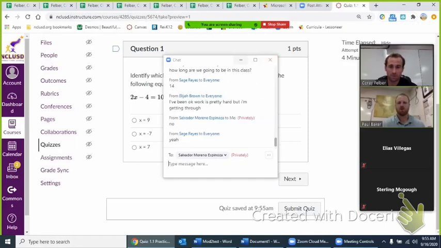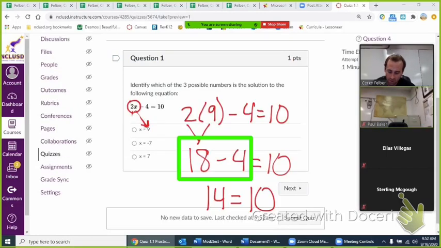We're trying to figure out which one matches, guys. Like Mr. Filber plugged in the 9, and if you see right here on the shared screen, Mateo says no, that's right. So 14 and 10, are those exactly the same? No, they're not exactly the same. So we know that 9 cannot be the right answer. If they don't match, then it can't be the right answer.